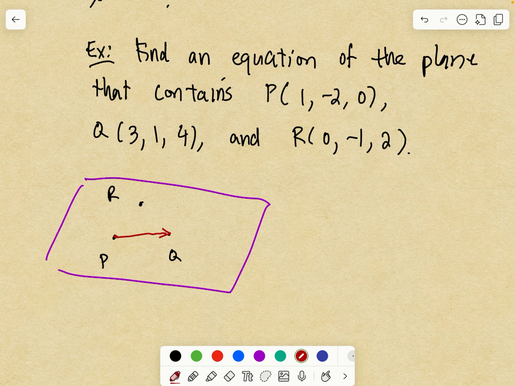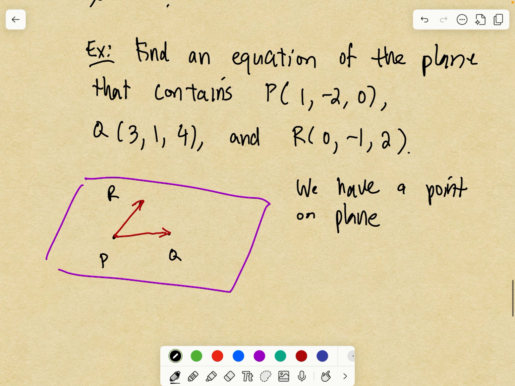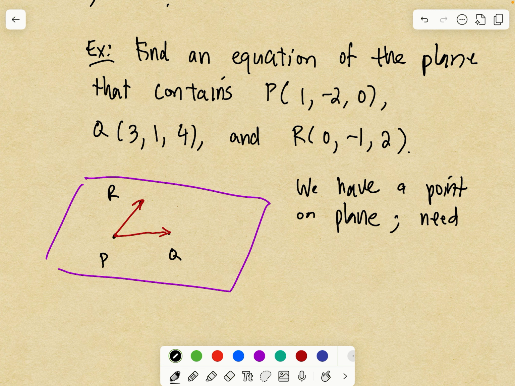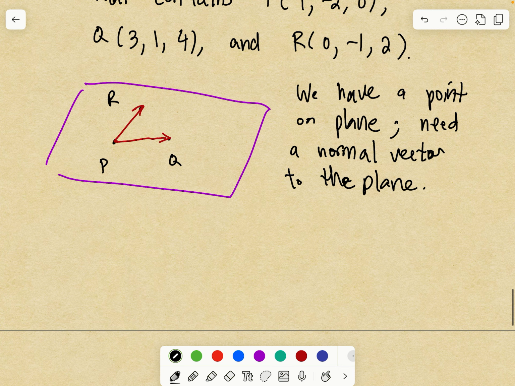And if I take, say, the vector from P to R, the normal vector is going to be orthogonal to that. So what we have is a point on the plane. We actually have 3 points on the plane, but we need just 1 point. And what we need is a normal vector to the plane, because once we have a normal vector, we can use the equation for the plane that we went over.